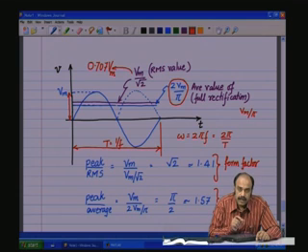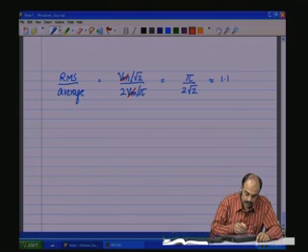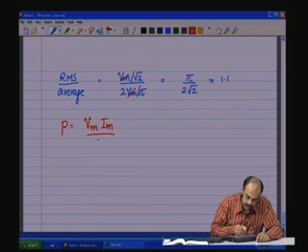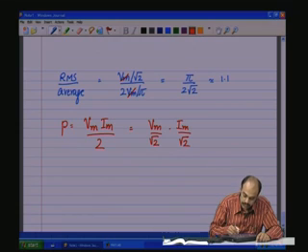So, I RMS is Im by root 2, and the power is Vm Im by 2 or V RMS into I RMS. As we saw that power is Vm Im by 2, let us split it into RMS, which means Vm by root 2 into Im by root 2.